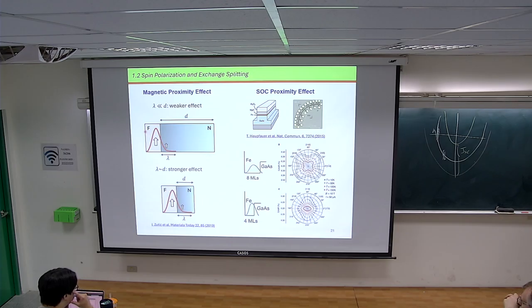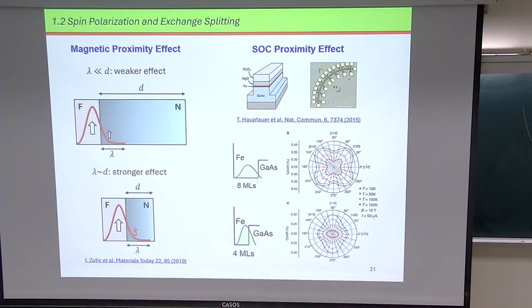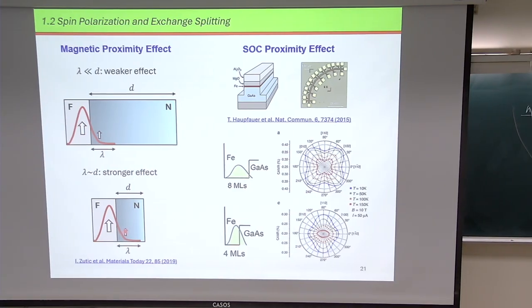So whatever you measure in this layer will have a very weak influence of the proximity effect. However, if you make the layer thinner, then the proximity effect starts to become important. That's why you typically use very thin layers or two-dimensional materials to increase the magnetic proximity effect.